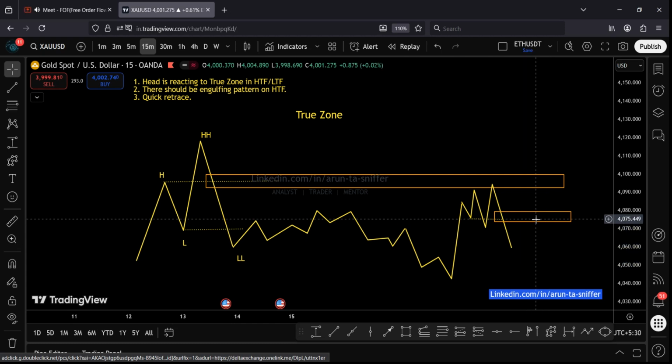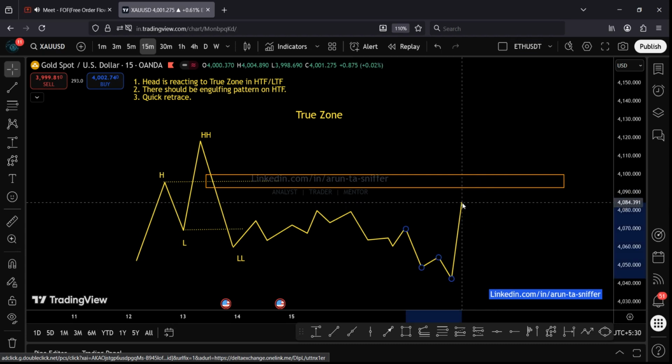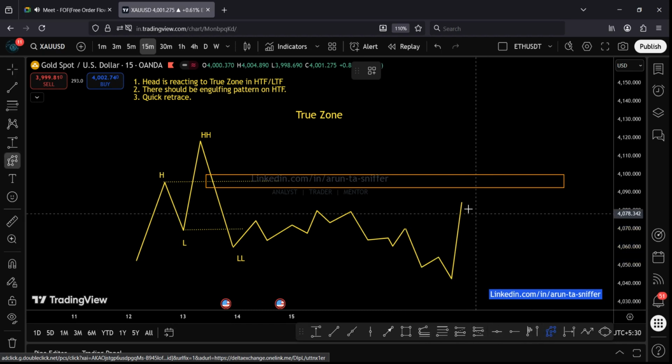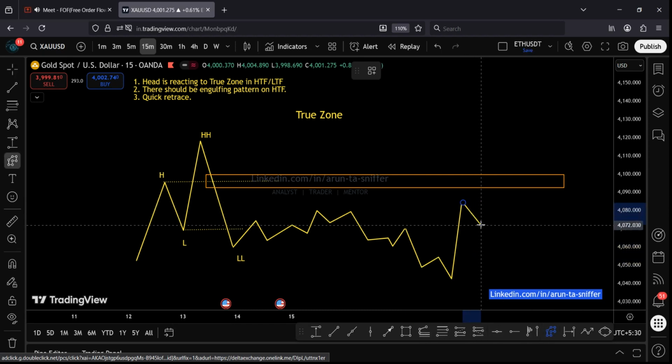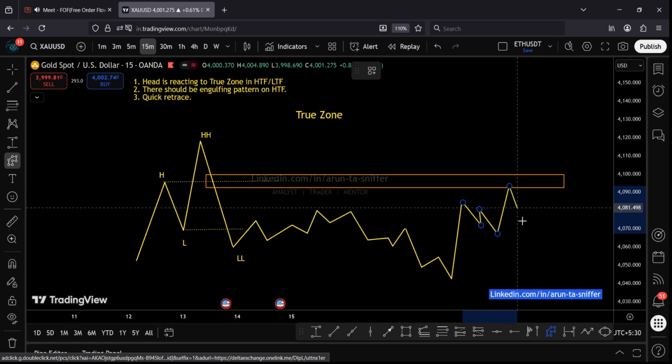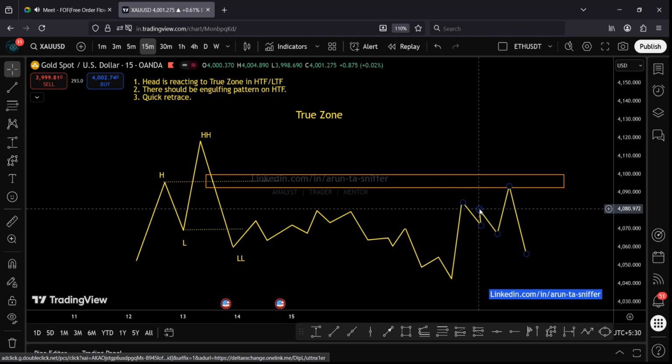Or an ignored QM can also form like this. Price goes here and then may do like this, and then goes up here and then falls down. What is happening here?